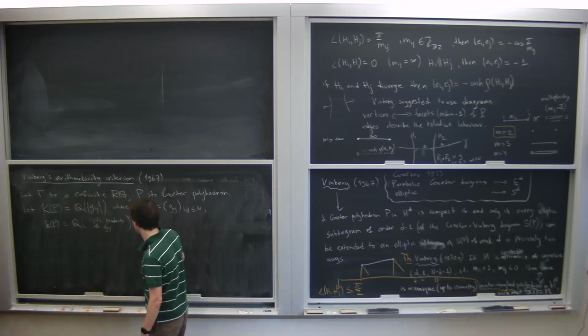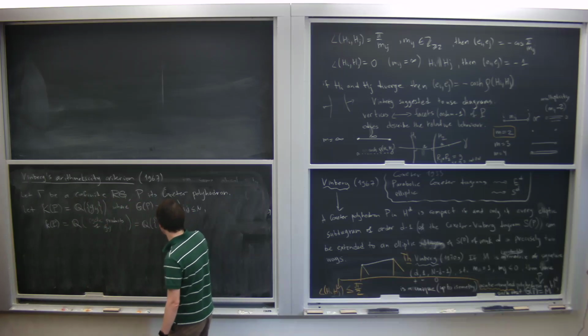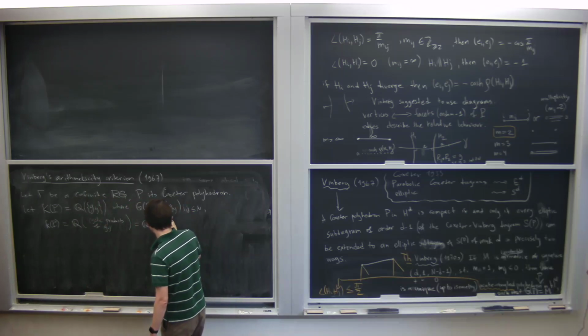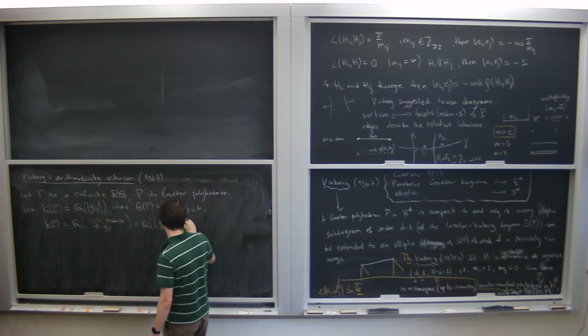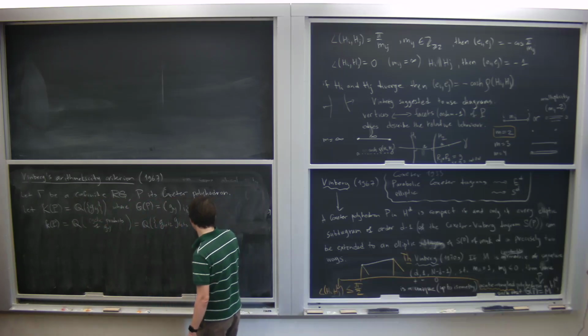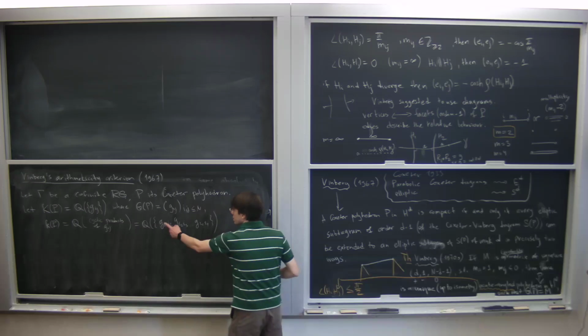Cyclic products are the products of this form: G_{i1 i2}, G_{i2 i3}, and so on, G_{is i1}, for all possible cycles.